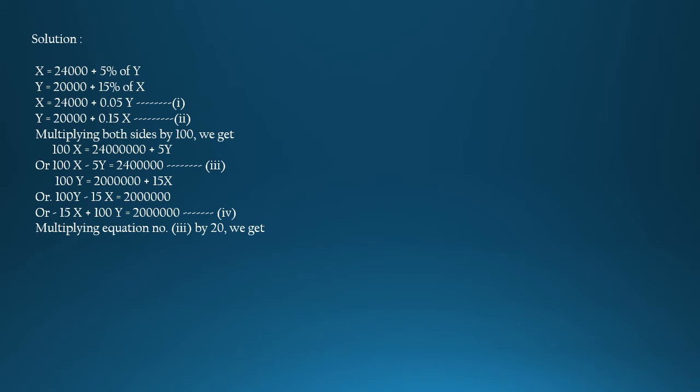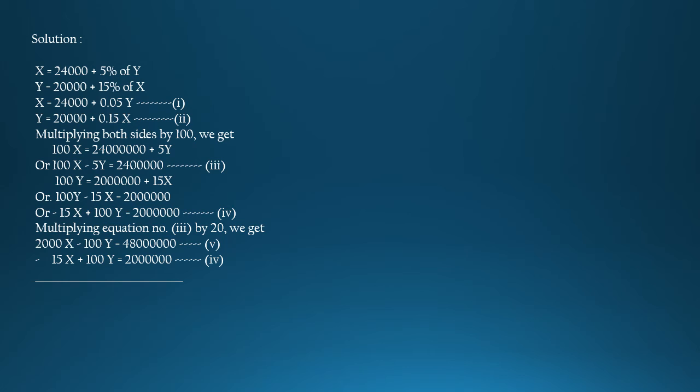Multiplying equation number 3, that is 100x minus 5y equals 24 lakh, by 20, we get the fifth equation, which is 2000x minus 100y equals 480 lakh. Next we repeat the fourth equation, which is minus 15x plus 100y equals 20 lakh.